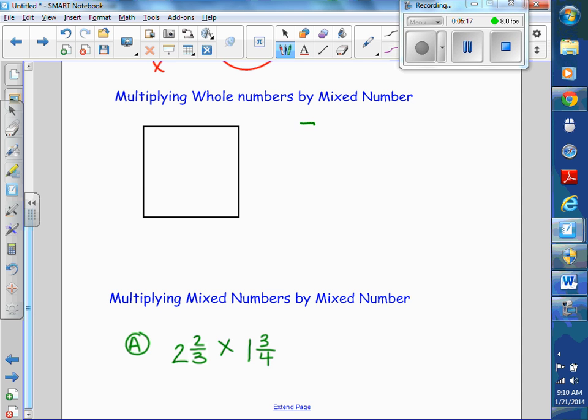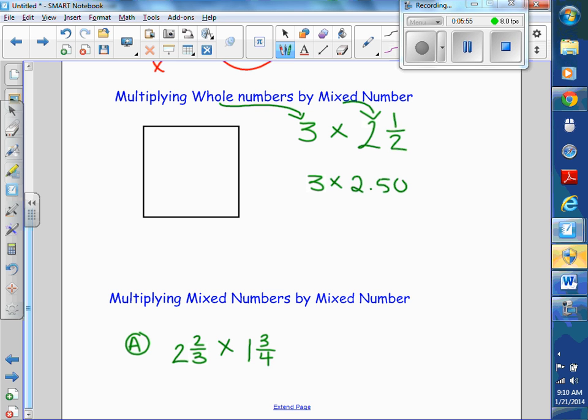So what if I had like 3 times 2 and a half? So let's write that down in your notes. So this is my whole number right here, and that's my mixed number. See that? So if you just think about the picture before we do an area model, you could think about money. You could think of this as 3 times $2.50.